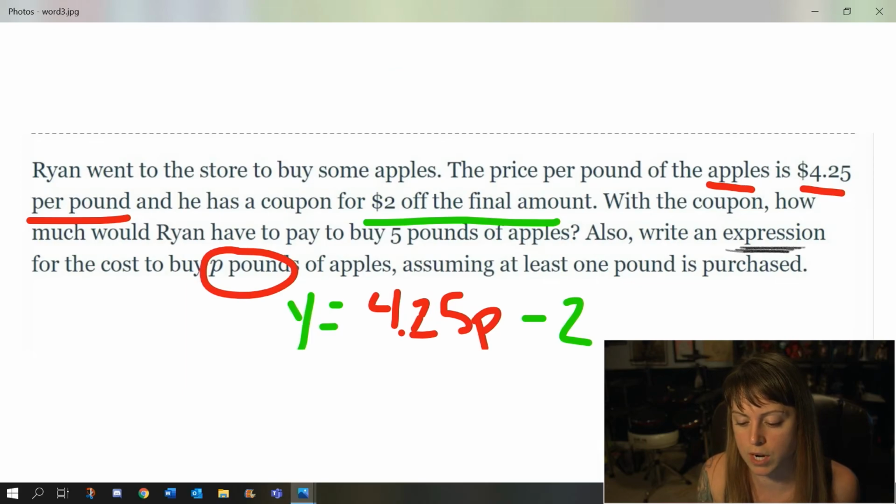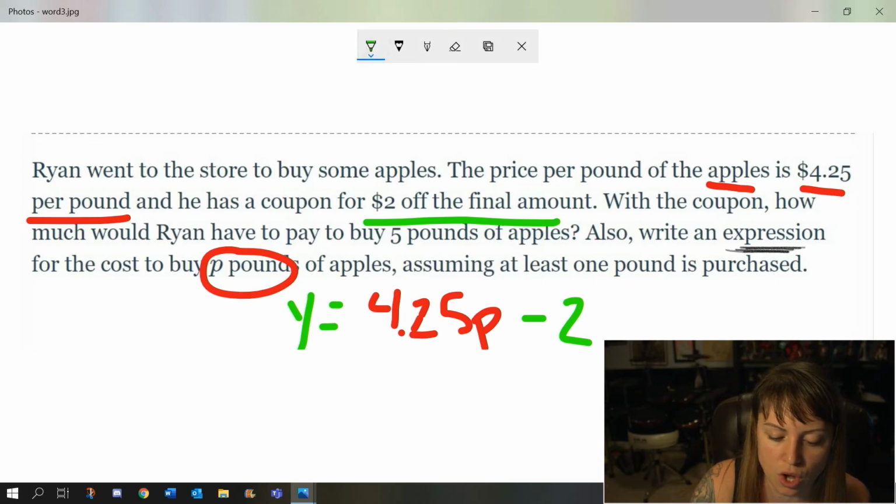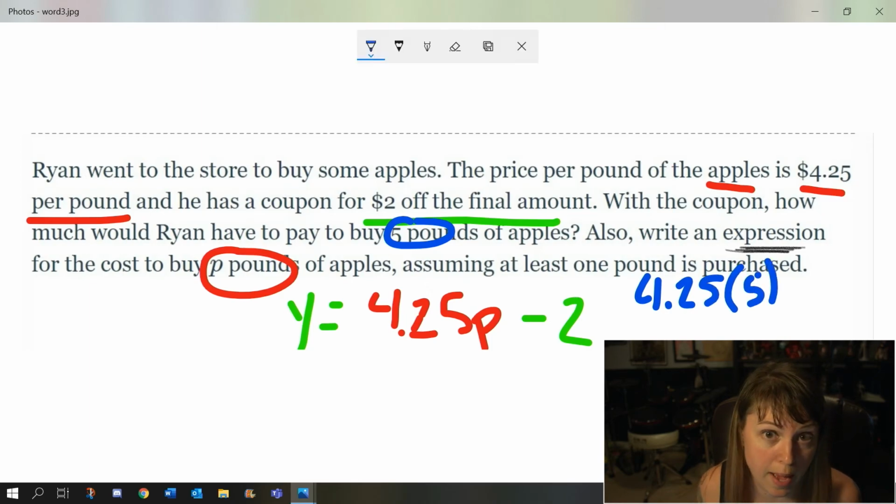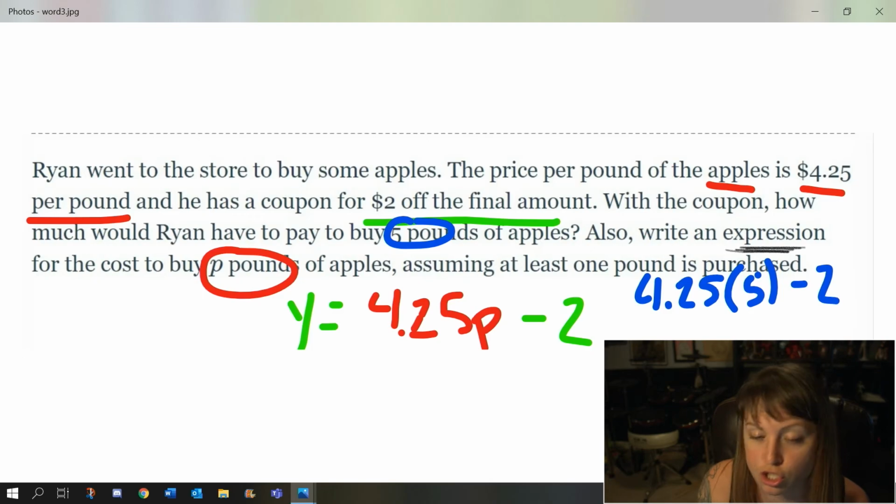Ooh, fancy expression. But now let's actually solve it with what it was asking, which is if I wanted to buy 5 pounds. So $4.25 times 5 pounds minus $2.